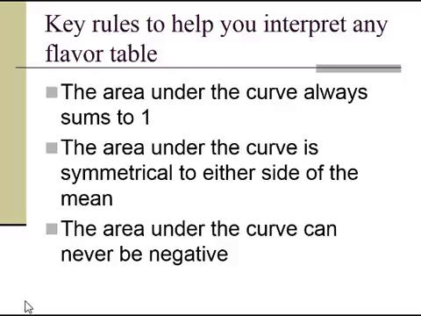The other piece is that the area under the curve is symmetrical to either side of the mean. So if you have a probability of being greater than 1 standard deviation above the mean, that's the same probability as being less than negative 1 standard deviation. The other thing is, if you are ever calculating a negative probability, you've clearly done something wrong, because you can never have a negative probability.